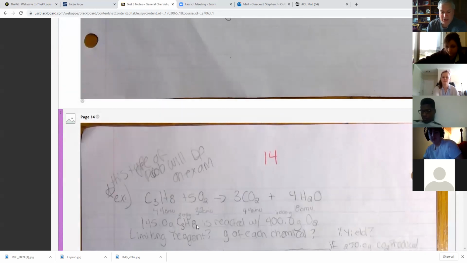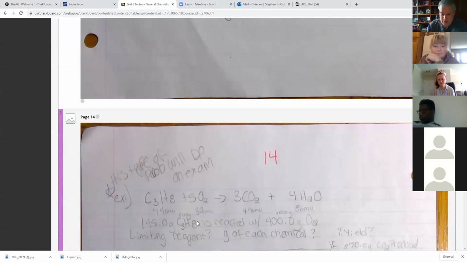What do I do? How do I start? How do I find the limiting reagent? You have to choose a product. Yep. And you have to find moles of that product using each gram measure. Starting with my 145 grams of C3H8, fundamentally, the question I should be asking myself is: how much product can I get from this process?